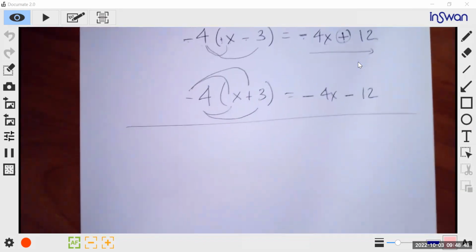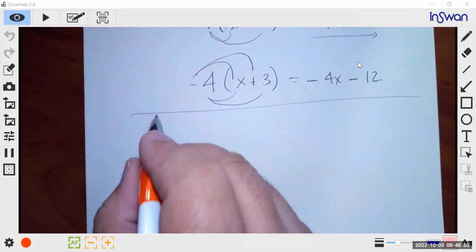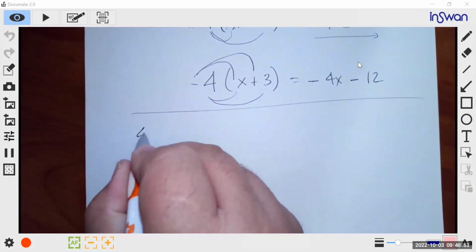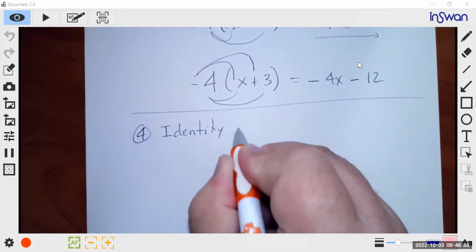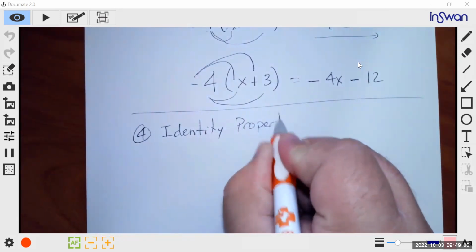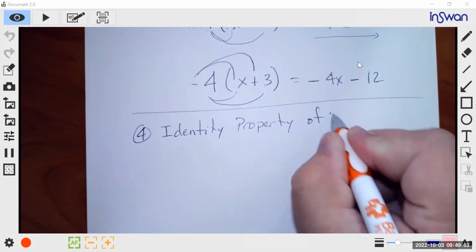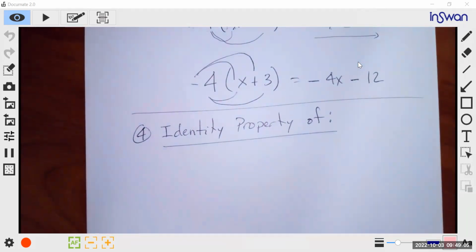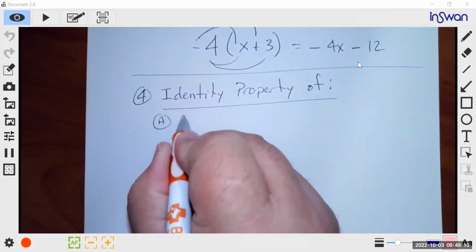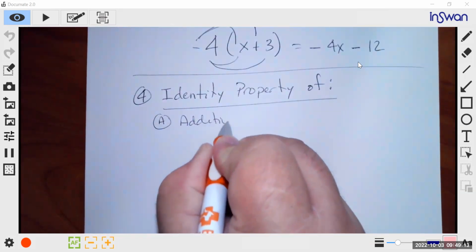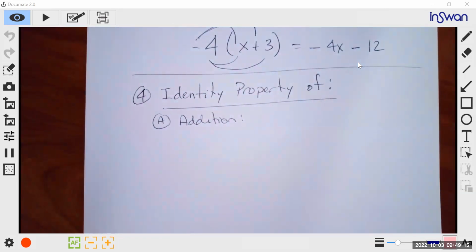All right, 2 more properties. The fourth: the identity property of addition. The identity property is, what do we have to combine with this number so it keeps its identity?